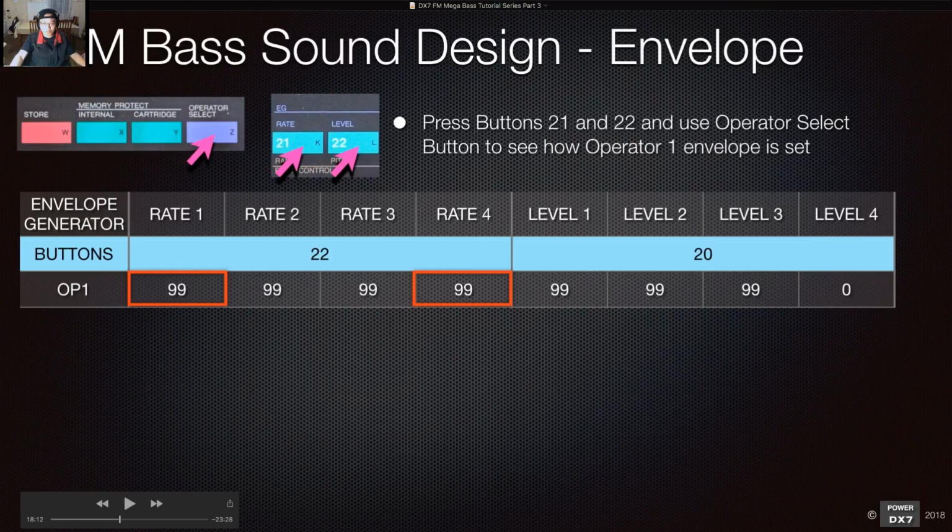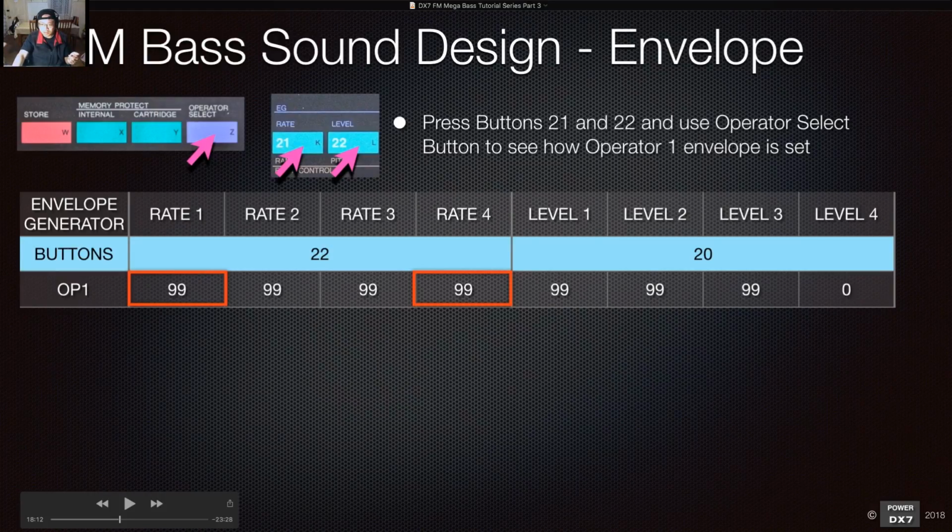So what we're going to do is press buttons 21 and 22 and use the operator select button to see how the operator 1 envelope is set. From other tutorials you've seen, every time you do a voice initialization, all the operator envelopes come up with pretty much everything at 99 except level 4, because it doesn't continue after the key is released.